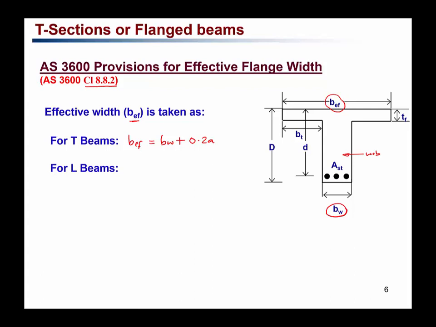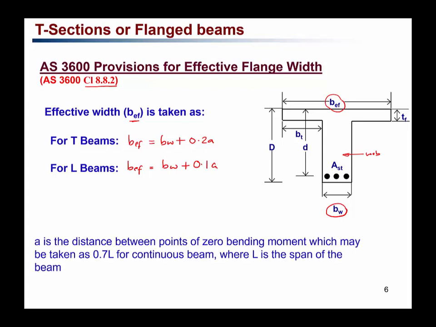I'll come back to the A here. And for L-beams, B effective equals the width of the web plus 0.1A. Here, A denotes the distance between the points of zero bending moment, which may be taken as 0.7L for a continuous beam, where L is the span of the beam.